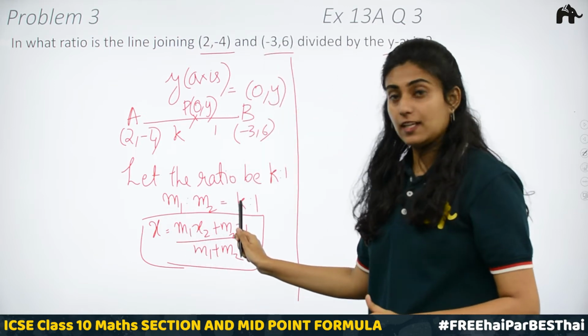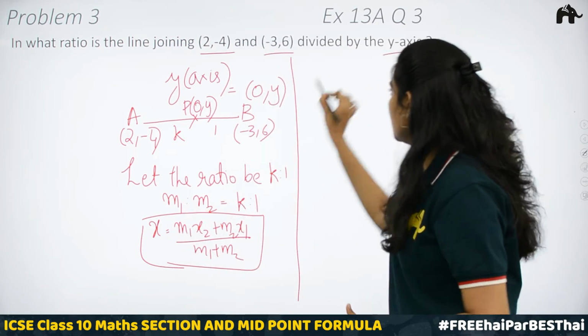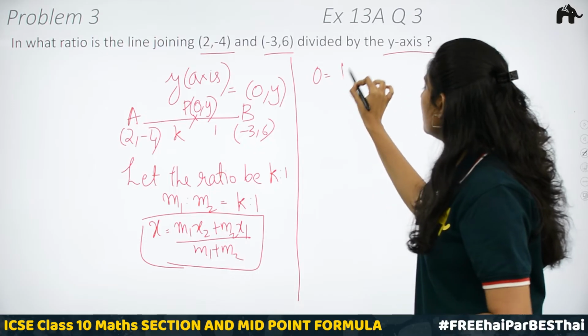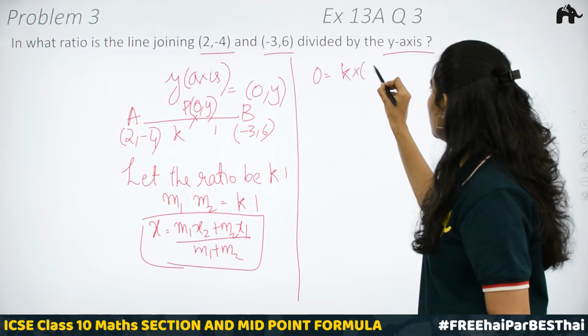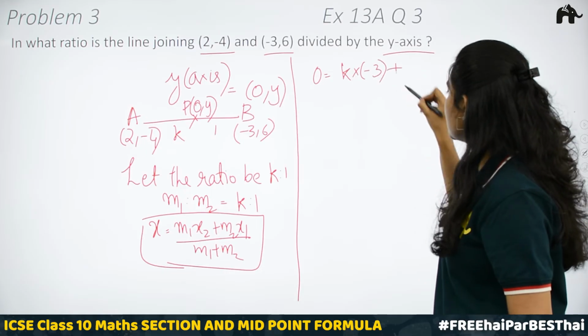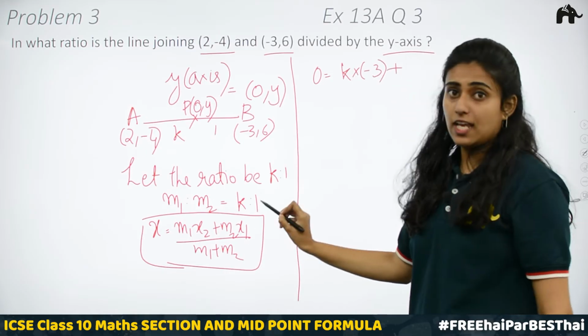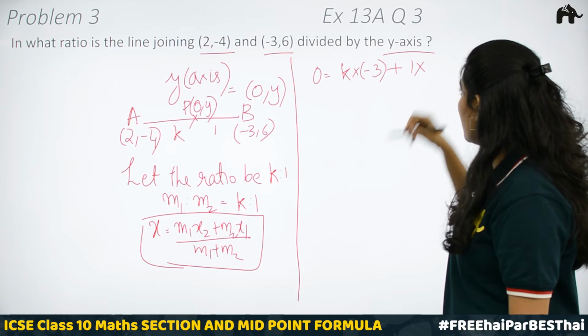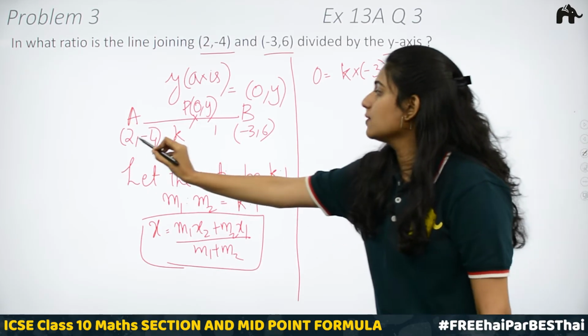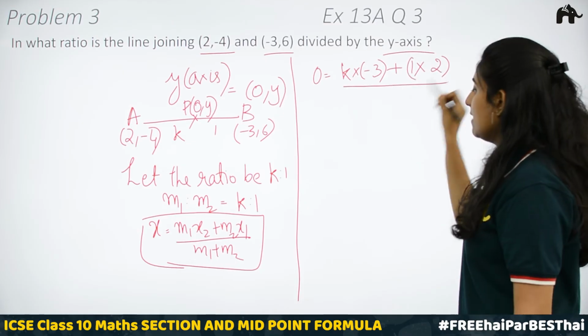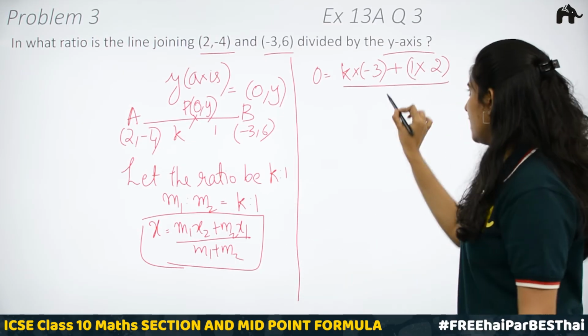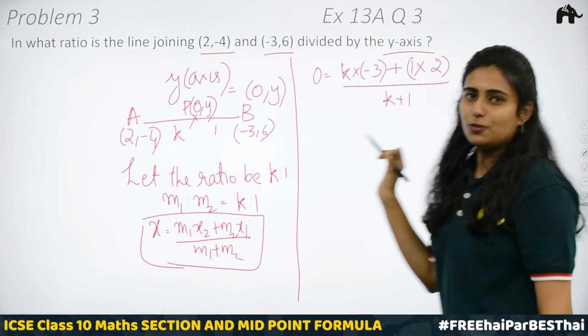M1 is taken as k. X is 0. 0 is equal to k into x2, x2 is equal to -3, k into -3 plus M2 x1, M2 is 1, x1 is equal to 2, divided by M1 plus M2, k plus 1.